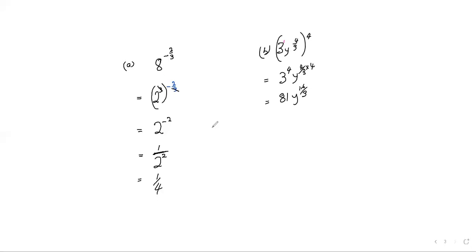And then let's look at this one here. Number C here. a exponent 1.5, b exponent 3/4, all to the power of 16 there.